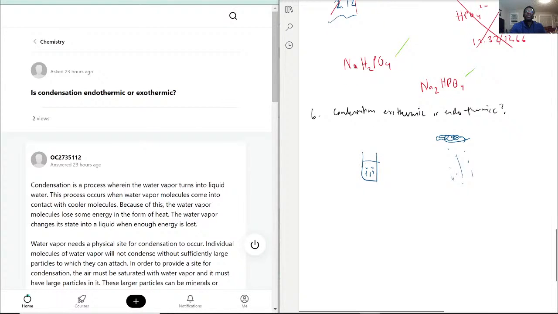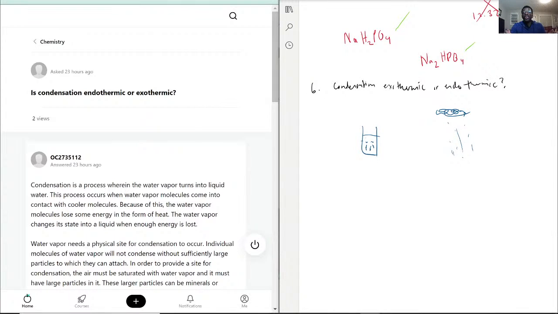The reason why I say it depends is because it's very tricky in terms of what system you're referring to. Let's start with this. If the system you're referring to is the water itself, when you go from a gas to a liquid, which would be condensation, that shows a loss in energy.